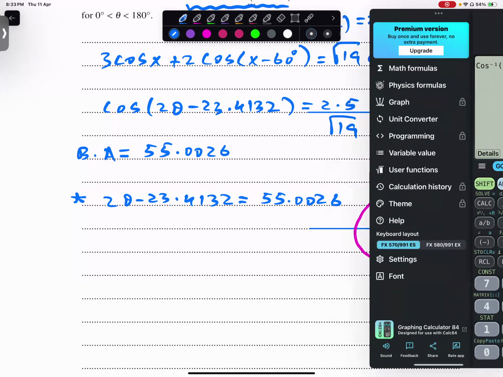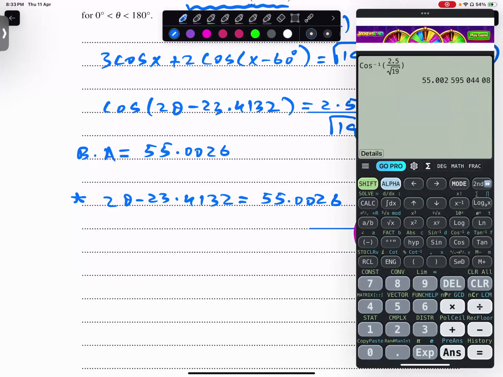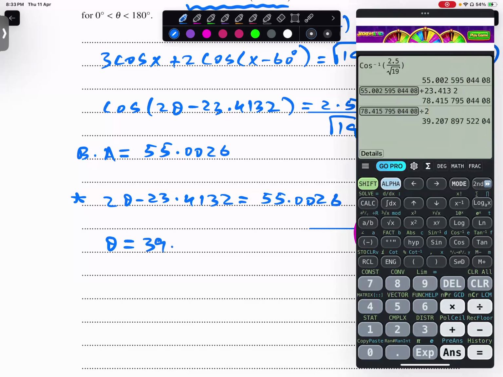So let's make theta the subject. Bring this 23.4132 to the right side, plus 23.4132, and whatever the answer is, divide by 2. So you will get theta equal to 39.2 1 degrees, or up to 3 significant figures, it is 39.2.